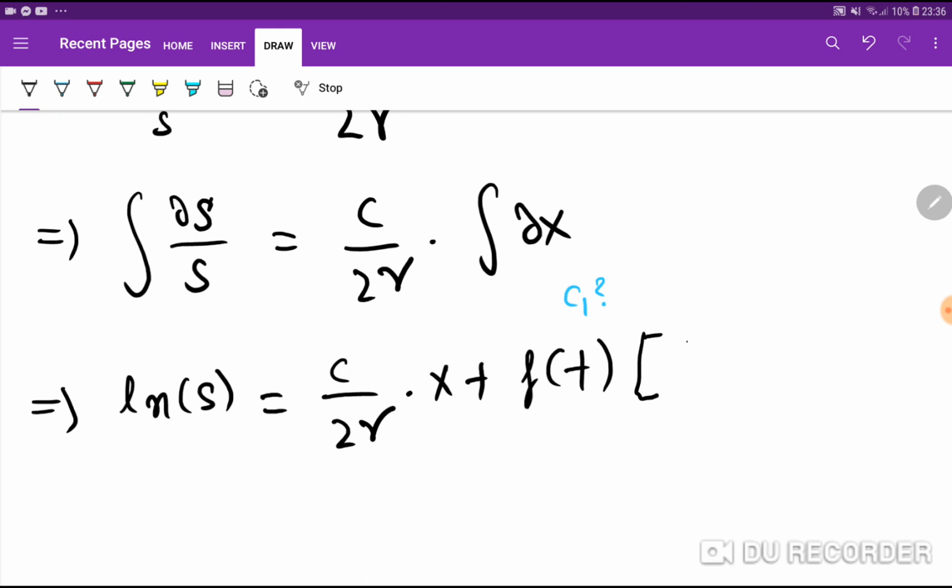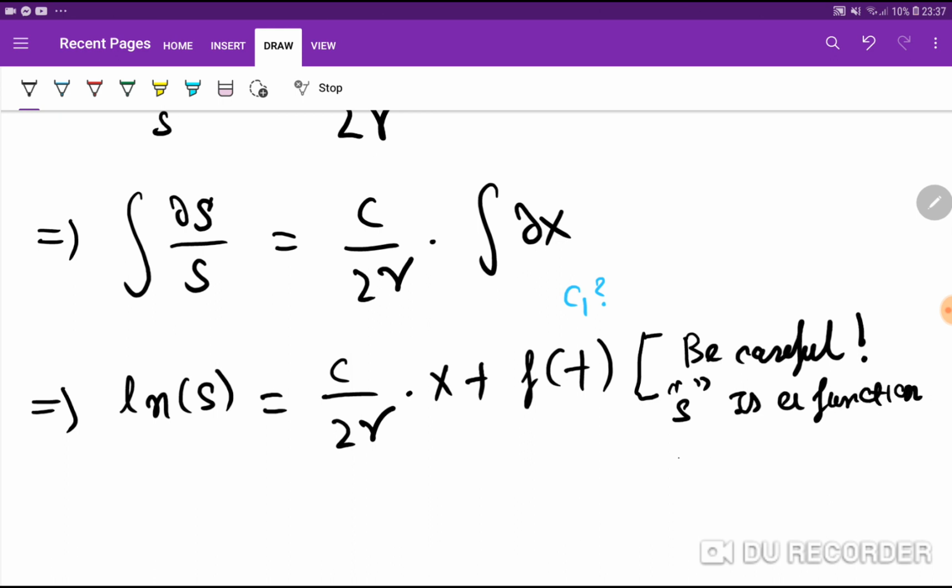So I will make a note. So you have to be careful. Why? Because s is a function of space and time, or x and t. Okay, so what does it mean? It means that s can be a function of t as well.